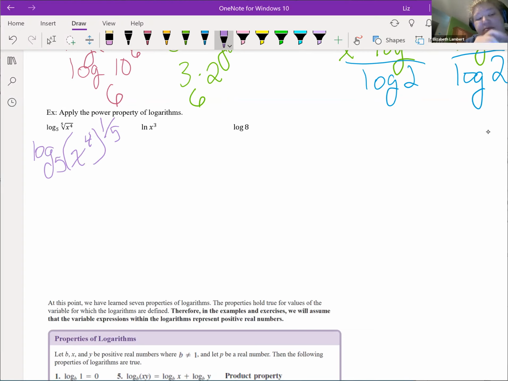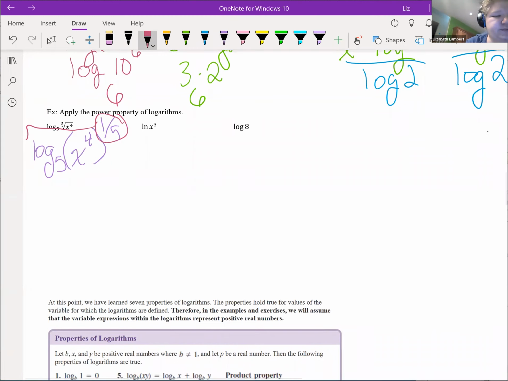Now I can actually think of this as, oh, I have the 1/5 power. Well, that's a power, and I'm doing a log, so it's power down. So I can bring that 1/5 up front. Power down. So this is now 1/5 as a coefficient in front of the logarithm.